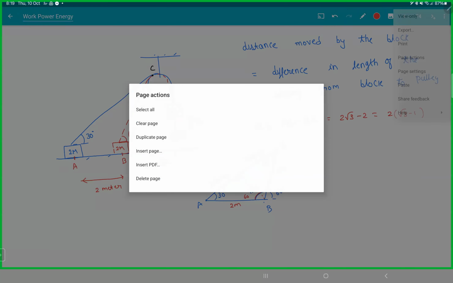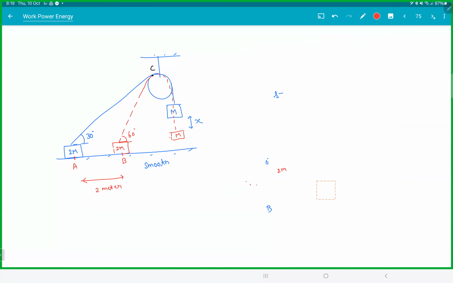Then, once we got this, at this instant, let the speed be v1, let the speed be v2.